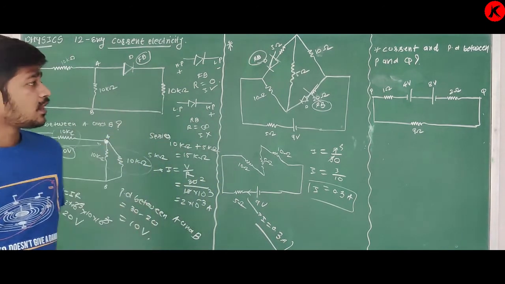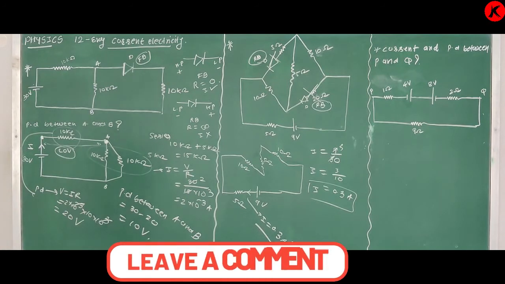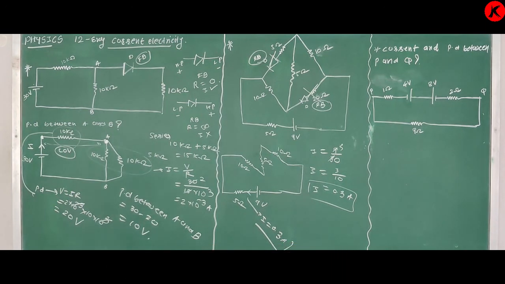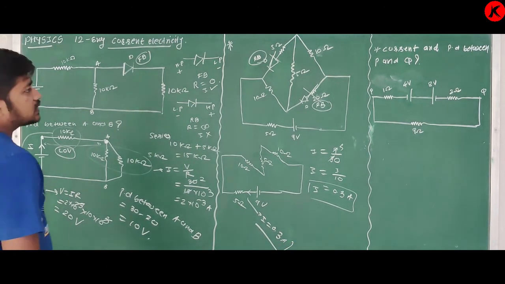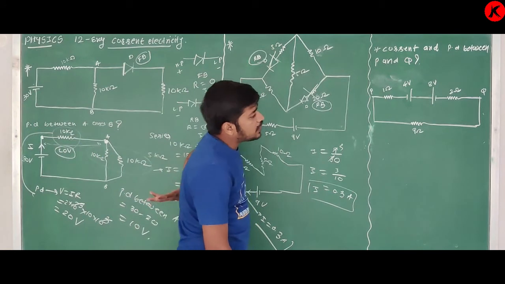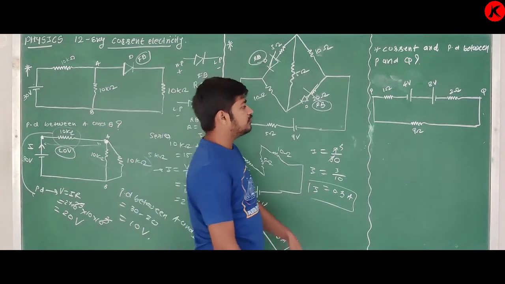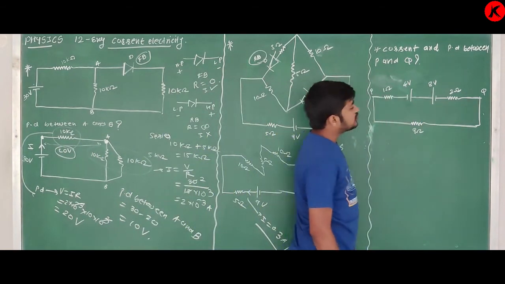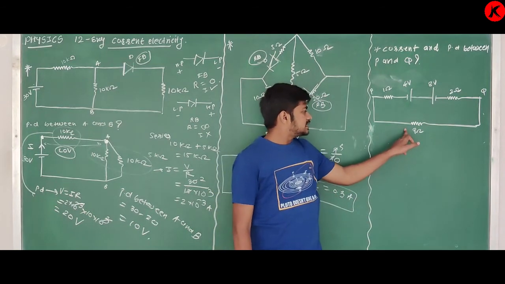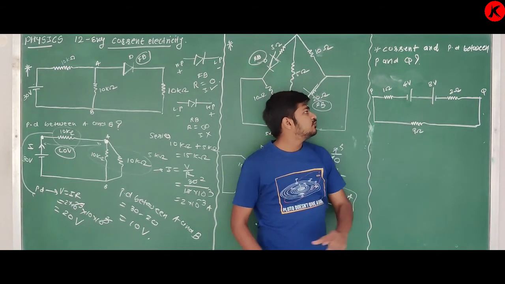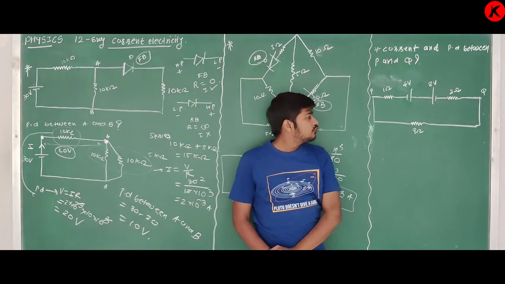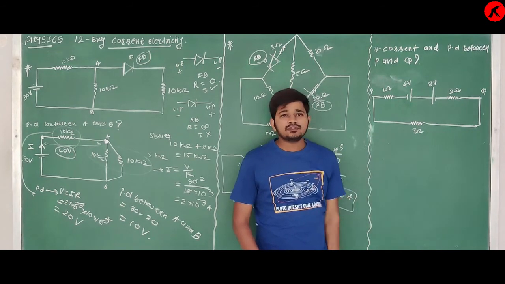Clear? Okay. Last question. Not the last question of this chapter, but for today, the last question: the current and potential difference between P and Q. You have to find the current and potential difference between these points P and Q. As this resistor is connected between P and Q, you can find the potential difference across this resistor.